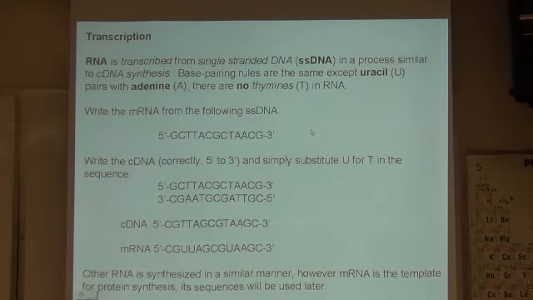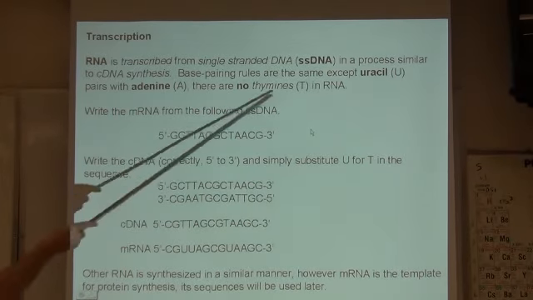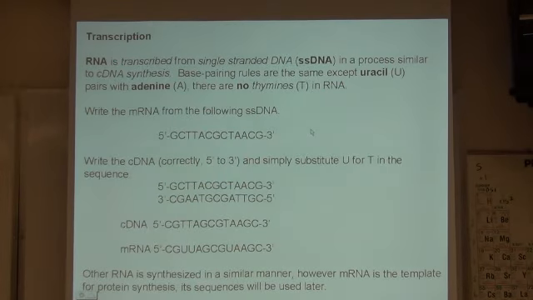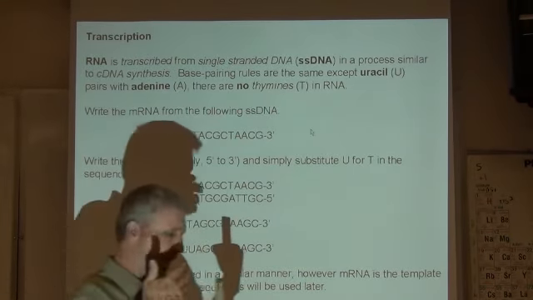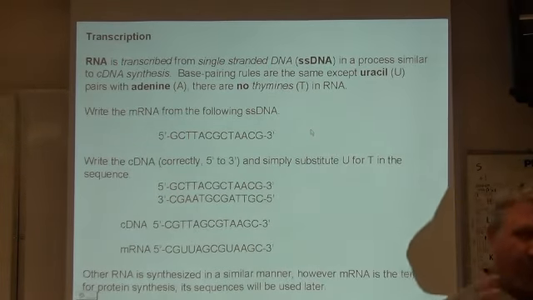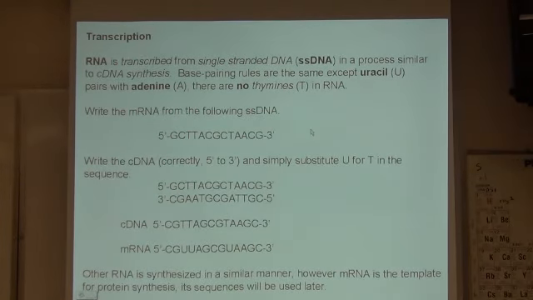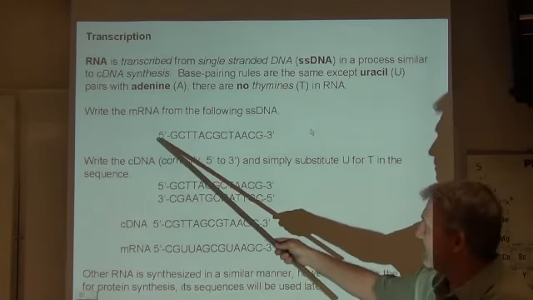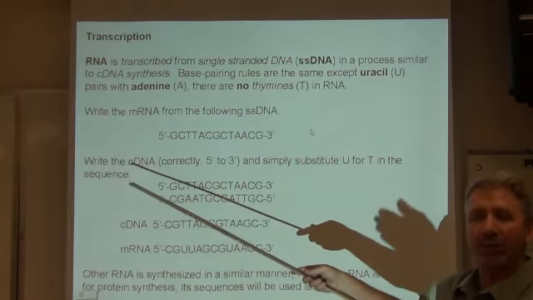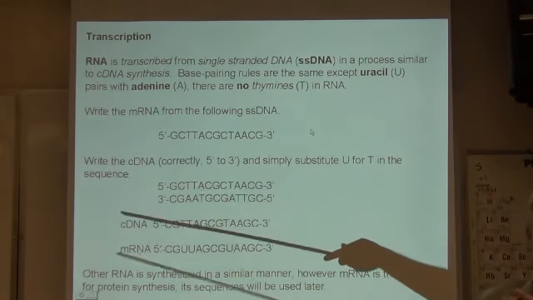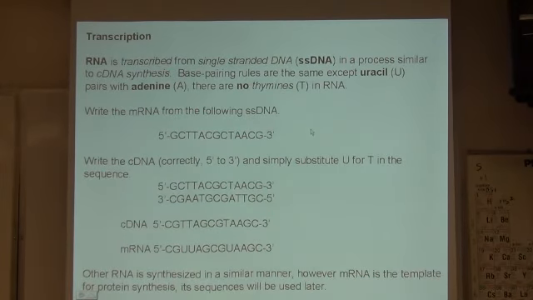Let's do transcription. Okay, remember, there are no thymines in RNA. Now, if you have another way to do it, that's fine. If you understand the whole AT and AU pairing and whatever, that's cool. I don't have a problem with that. But I always get confused with it. So what I do is I follow the same process I use to generate a complementary strand of DNA.